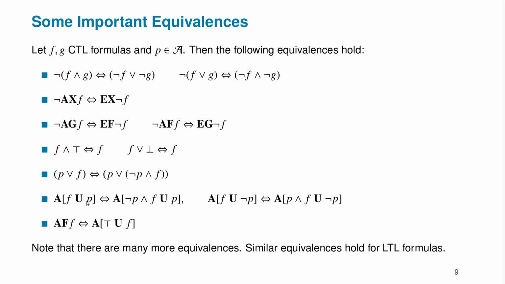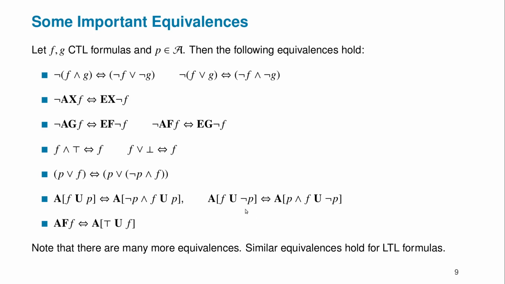Then this is the same as not P and F until P, because at some point P has to hold, and before that F has to hold. But it's not necessary that P holds before that, so not P can be true. Otherwise P is true, and then we are done with the evaluation of the until anyways.